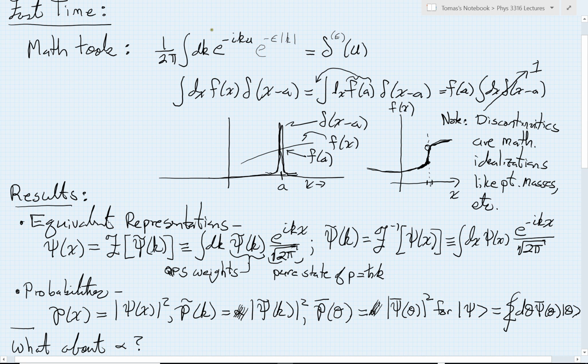So that integral I have below, I can replace, combining with the 2 pi, with just a Dirac distribution, where the distribution is written as a function of u, where u is whatever is multiplying my integration variable in my exponential. So let's go down and see what we have.